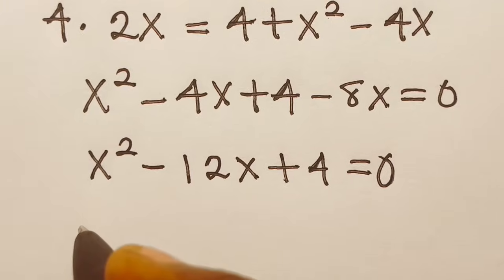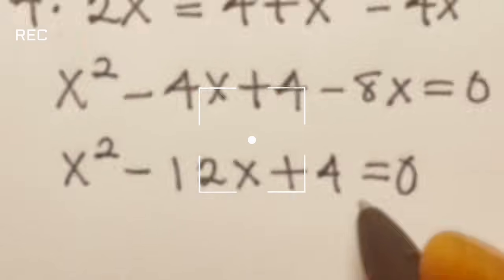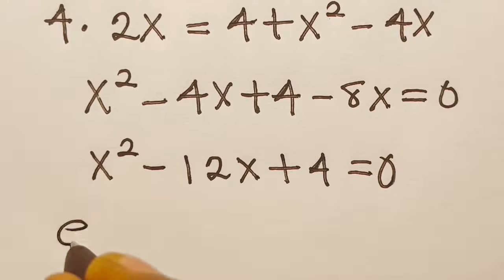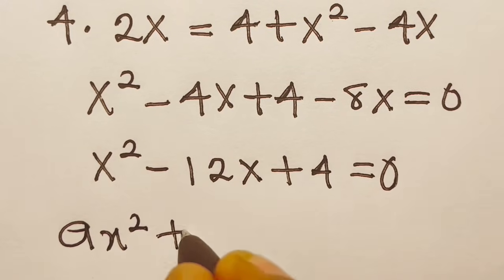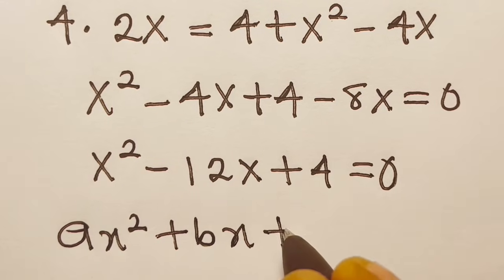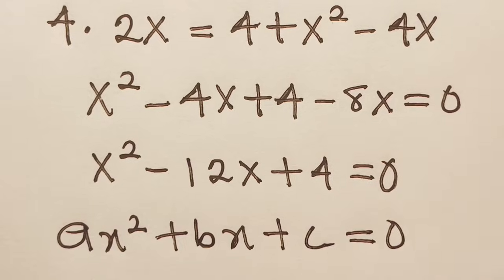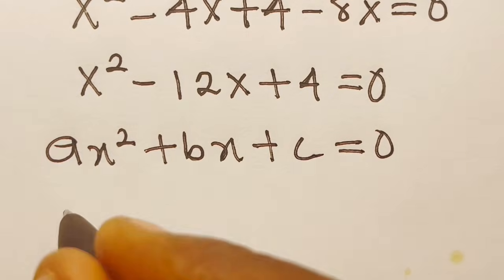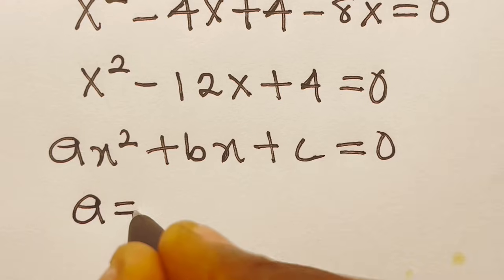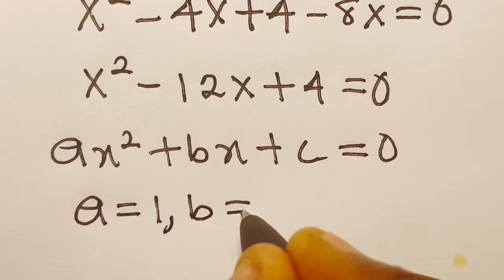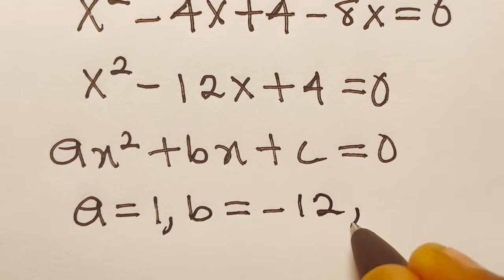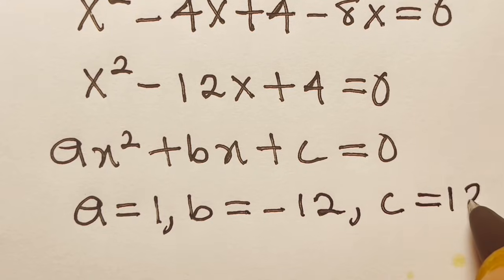Therefore, we will have a quadratic equation. If we compare this with ax squared plus bx plus c equals 0, then we have a equals 1, b equals minus 12, and c equals 4.